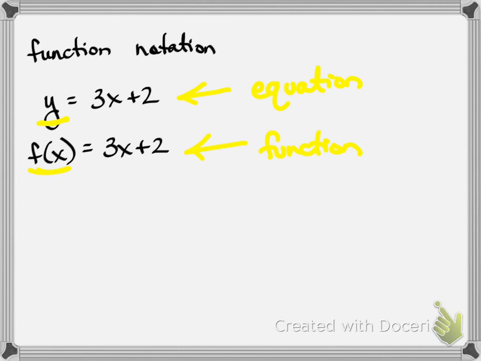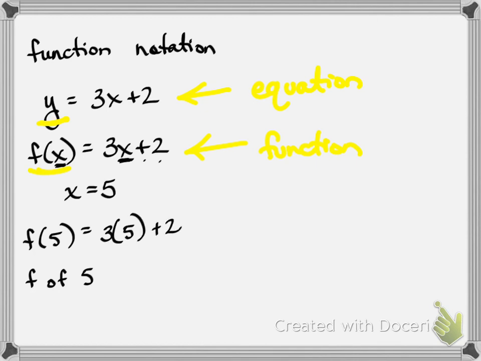And function notation is great. So let's say we wanted to evaluate the function at x equals 5. That just means every x in our function gets replaced with 5. So f of 5 is equal to 3 times 5 plus 2.